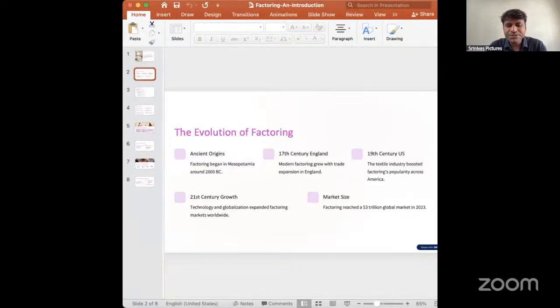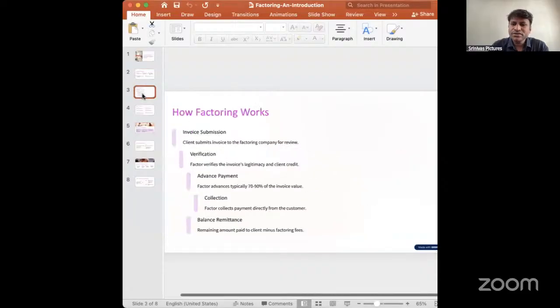In India, it was introduced in 1990, regulated by RBI and governed under the Factoring Regulation Act 2011. In the 21st century, technology and globalization expanded factoring markets worldwide. The market size of factoring is around 3 trillion in global markets up to 2023. So this is the evolution of factoring.